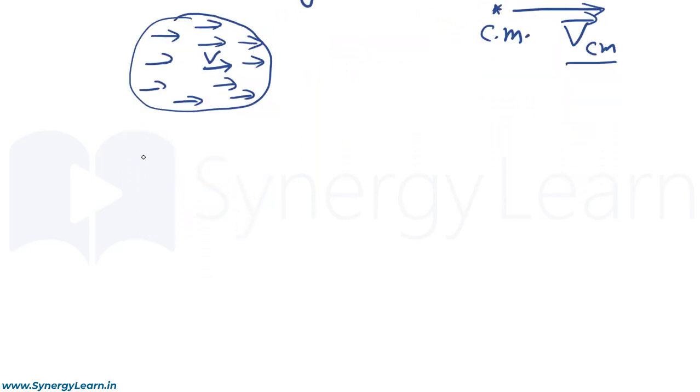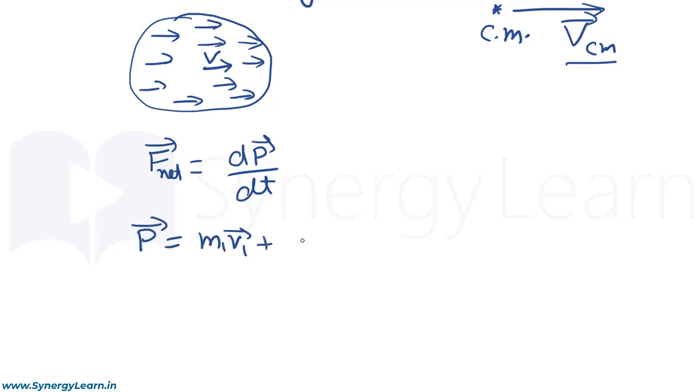The central point for choosing a common velocity, or the center of mass, is Newton's second law, which says the net force acting on a system is equal to the rate of change of momentum of the system. The momentum of the system, taken individually, will be m1v1, m2v2 and so on up to mnvn.